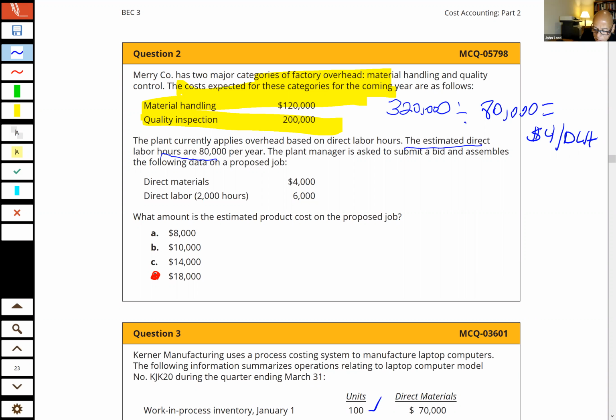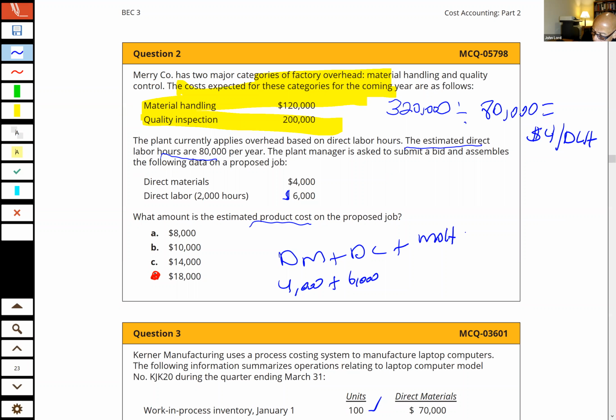Then they tell me that the job is going to have direct labor, and it would have helped if they had put a dollar sign there, $6,000 for my labor, $4,000 for my material, and they want the estimated product cost. Product costs are direct materials, 4,000, direct labor, 6,000, and manufacturing overhead, right?